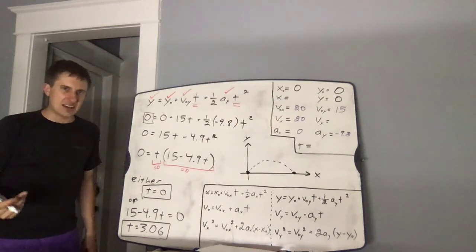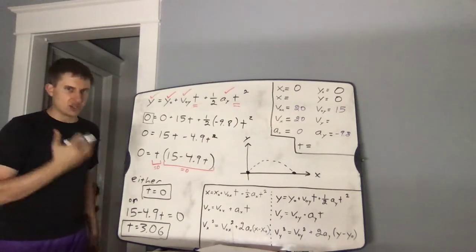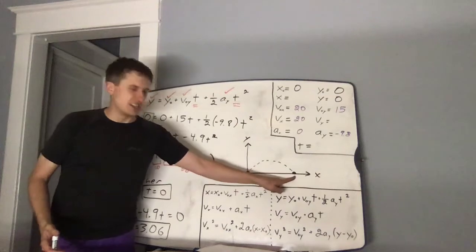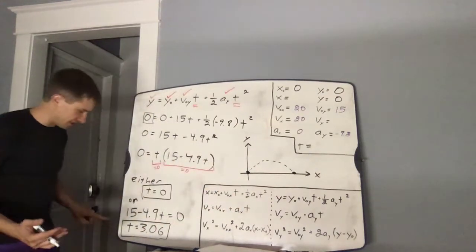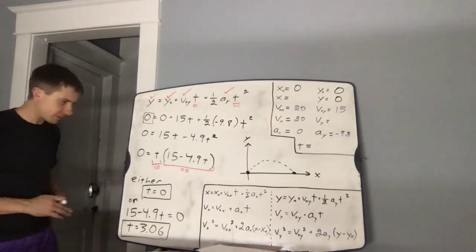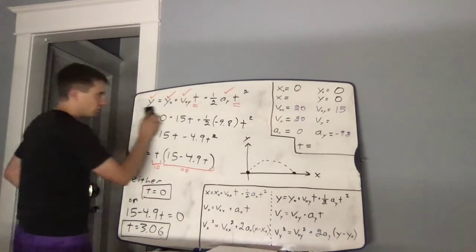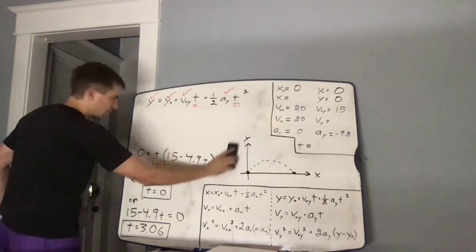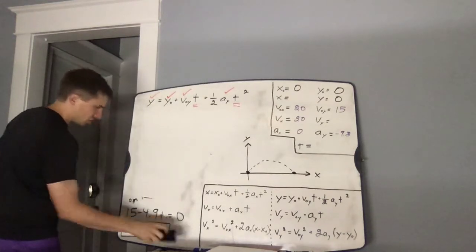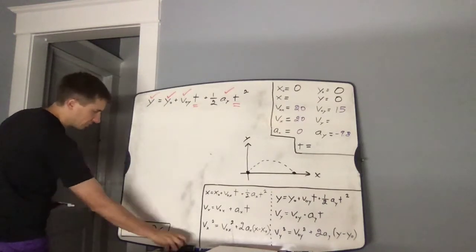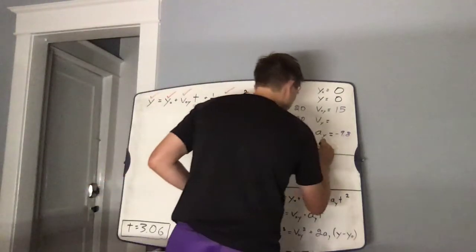Now, based on the context of what we're actually trying to do in this problem, we're interested in the time when the ball lands. So this is the number I'm going to go with. So at this point, I have enough information to go back and find the distance the ball travels. So the time the ball lands, we found, is 3.06.